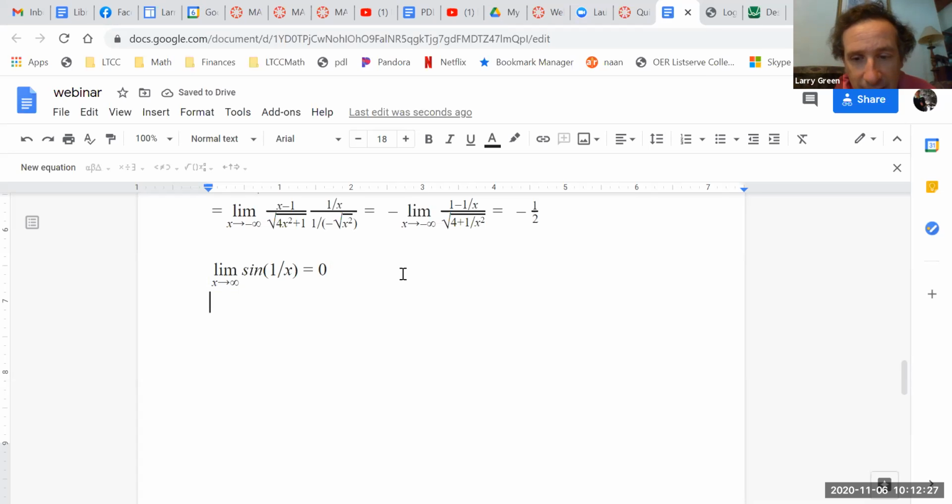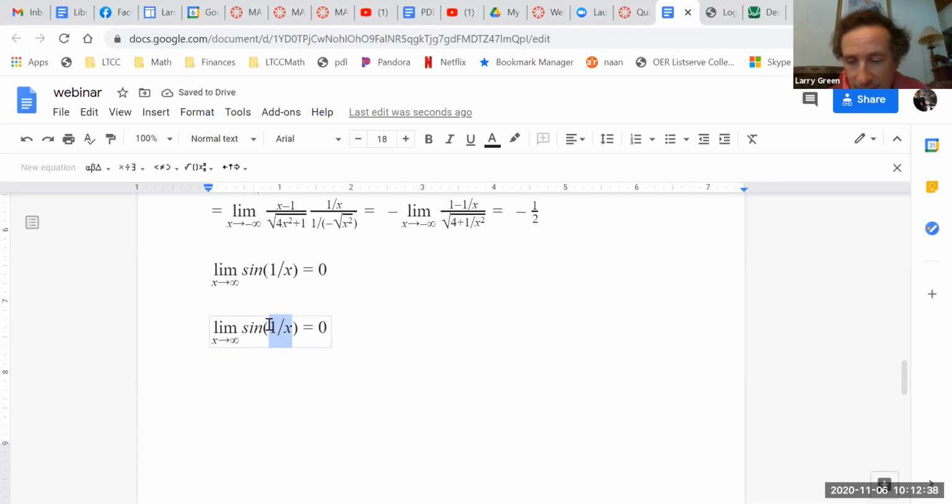Any questions on that? What about the limit as x goes to infinity of the sine of x squared? What's that?